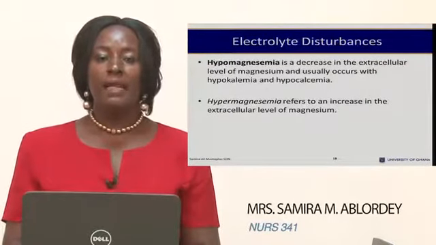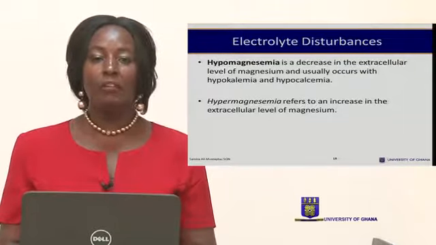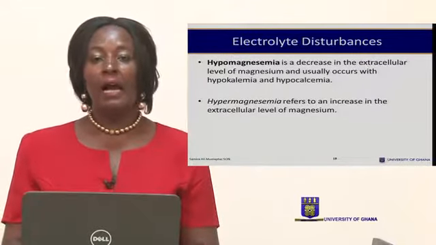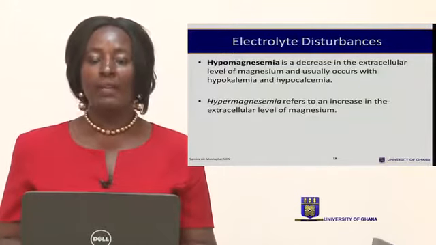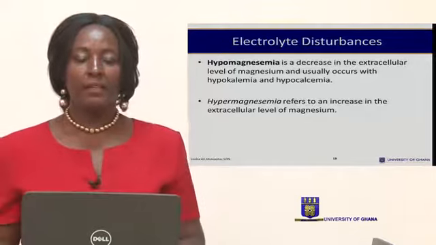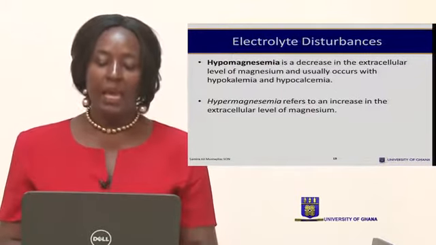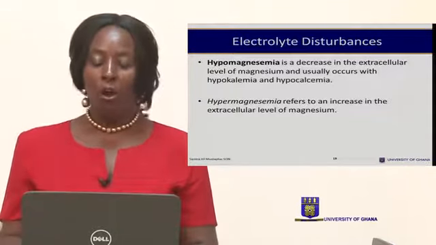So once again, hypomagnesemia is a decrease in extracellular level of magnesium, and usually occurs with hypokalemia and hypocalcemia. So the three occur together. So one affects the other. When there is depletion in one, there is a depletion in the other. So there is some correlation. And then hypermagnesemia refers to an increase in extracellular magnesium.